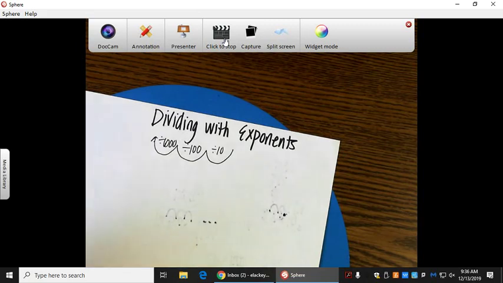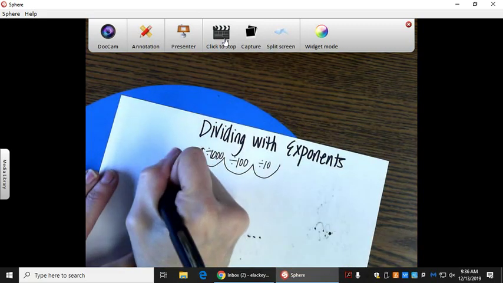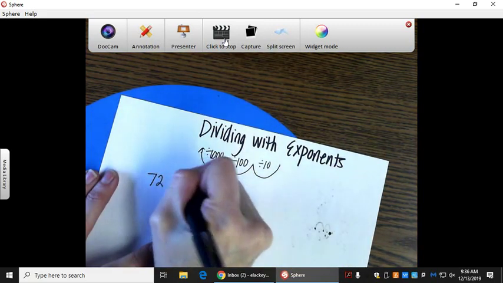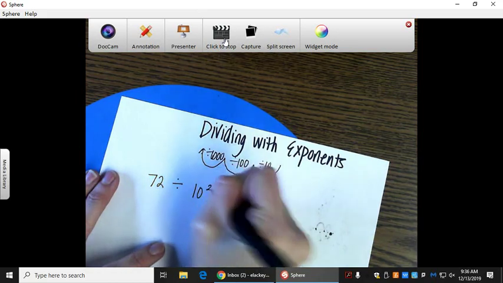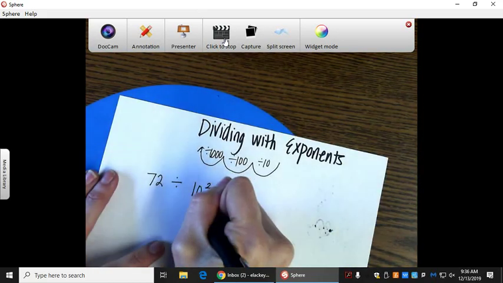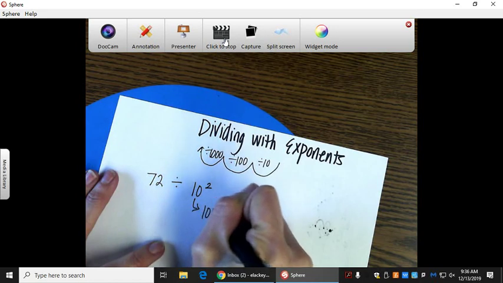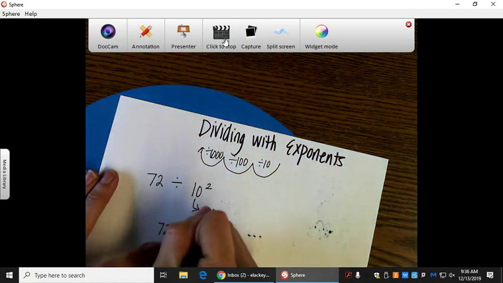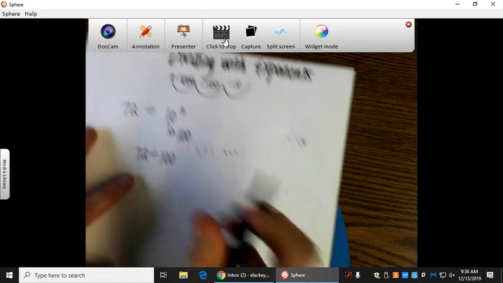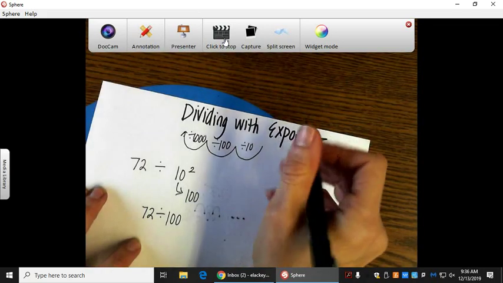Let's look at an example with a whole number first, like we did before. 72 divided by 10 squared. We talked about 10 squared being just 100. So 72 divided by 100. You move the decimal.